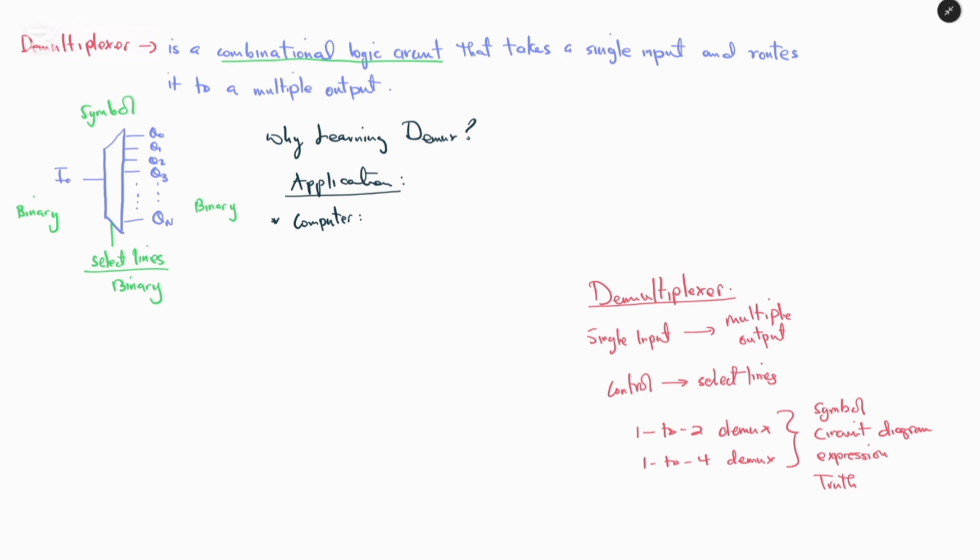Inside a computer, your laptop or your mobile phone, you can appreciate that most of the demultiplexer circuits can be found in these devices, distributing a single input to multiple outputs.